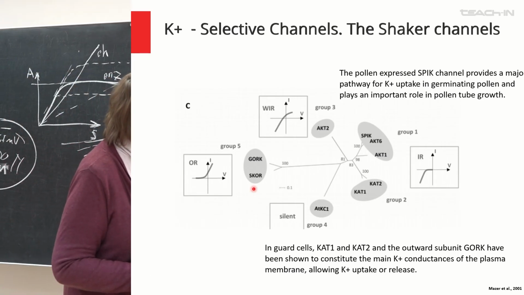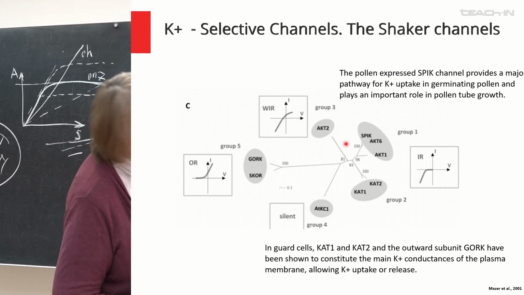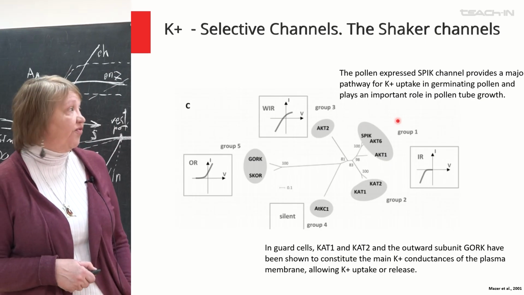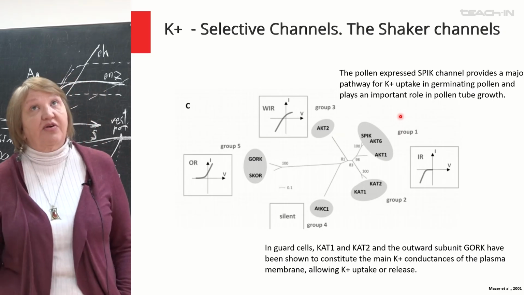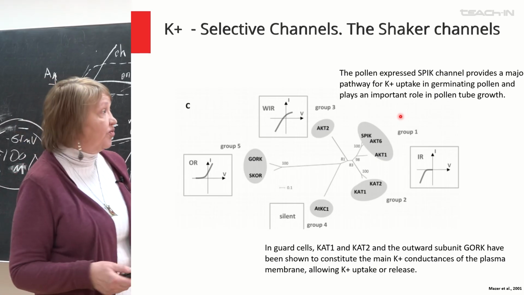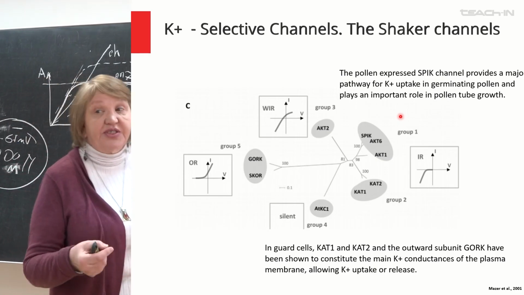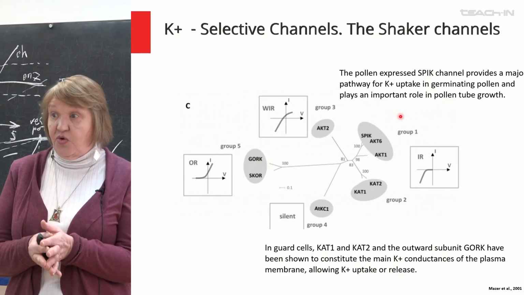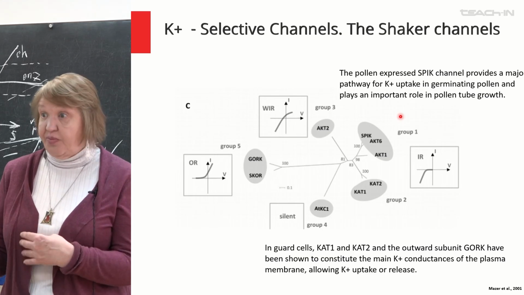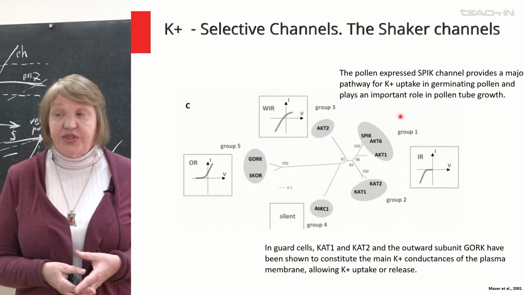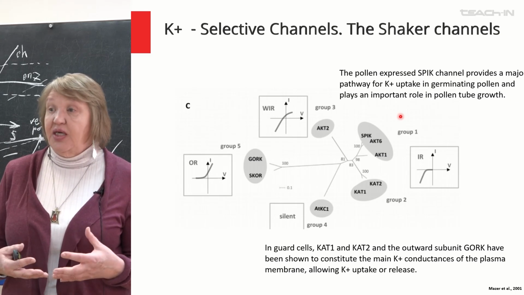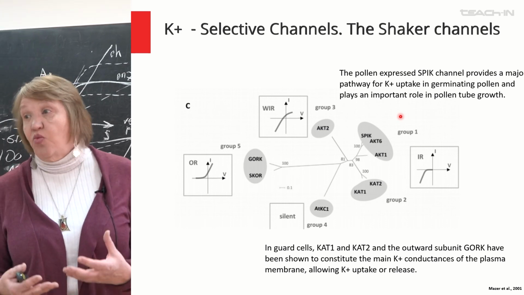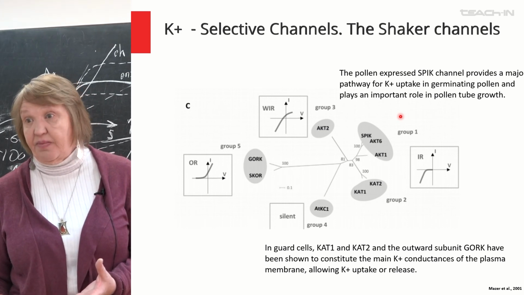There is this SPIK, group 1 of shaker channels, and it's a major pathway for uptake of potassium into growing pollen. You understand that the uptake of potassium is very important for elongation of, say, pollen or of an elongating root cell, because when you take up potassium, it increases osmotic potential and drives water into the elongating cell.